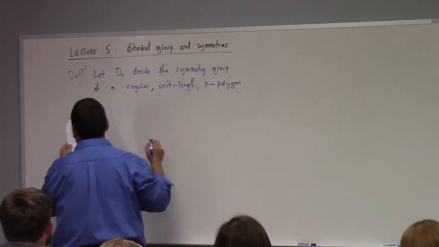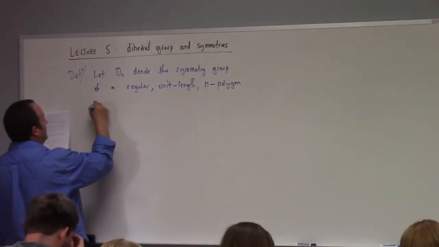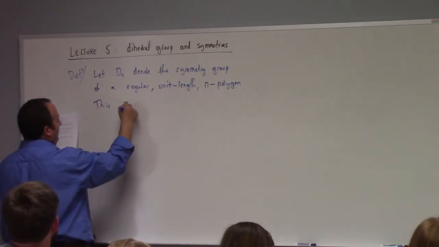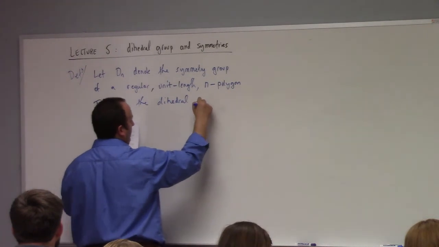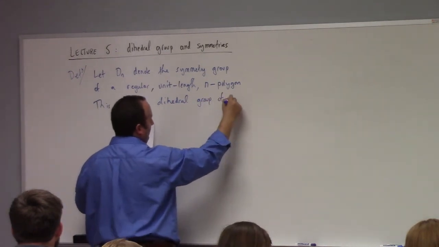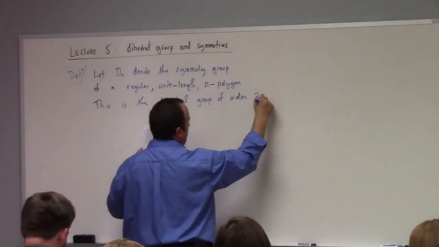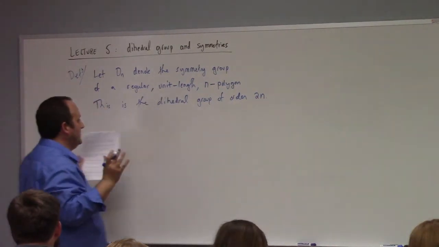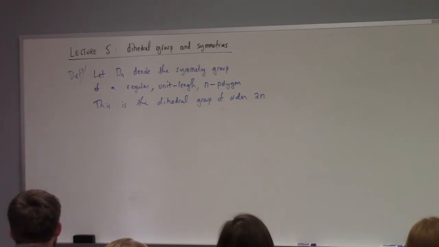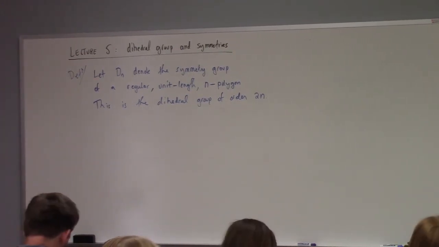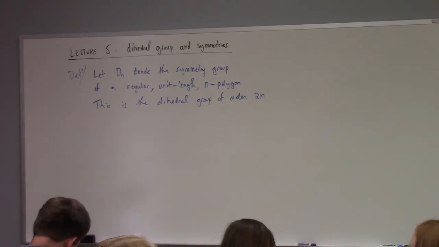And we will call this the dihedral group of order 2n. Notice that the 2n is in that sentence, but it's an n up there. That is not an accident. That is not a typo. That is my convention. That is our convention. That is your convention. There you go.